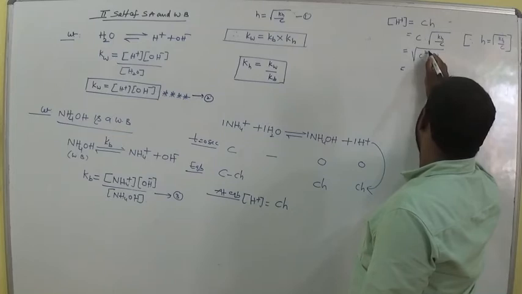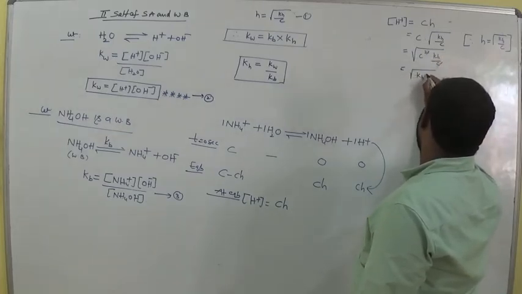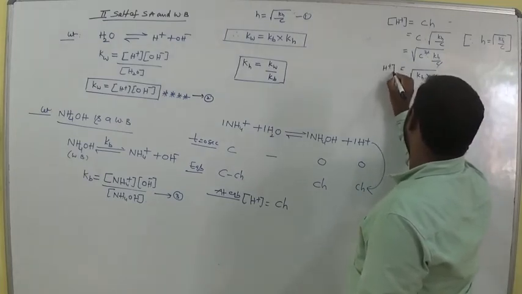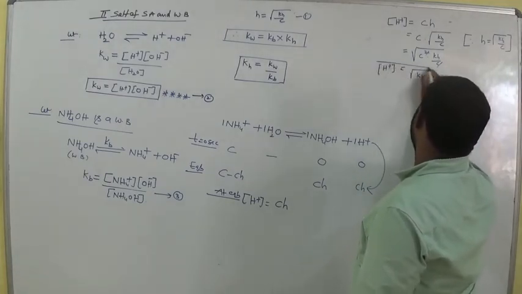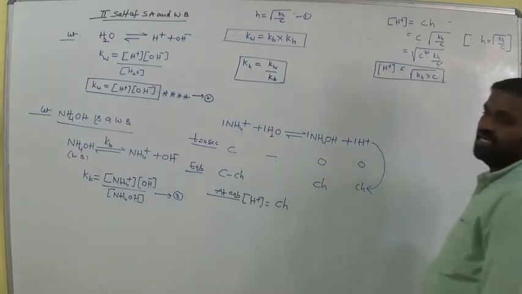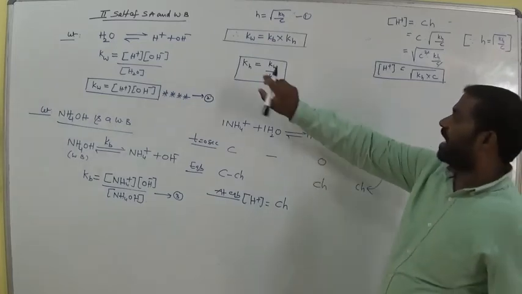Now cancel this one and this one, we get square root of KH into C. Remember this formula also. H plus ion concentration is also square root of KH into C. Clear? But we know the value of KH. What is it?